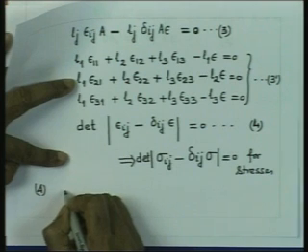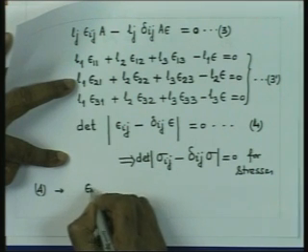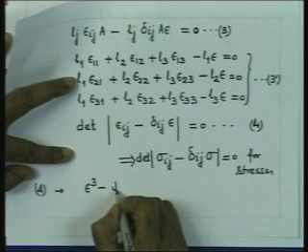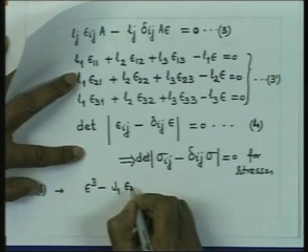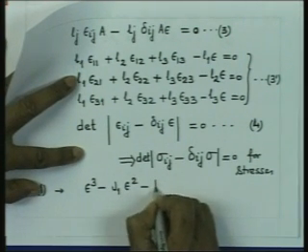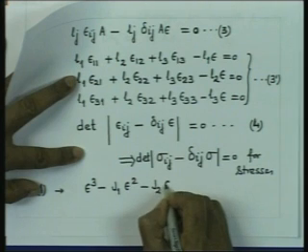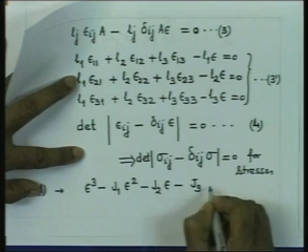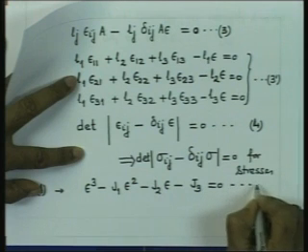It is going to be of a form epsilon cube minus j1 into epsilon square minus j2 into epsilon minus j3 equal to 0.